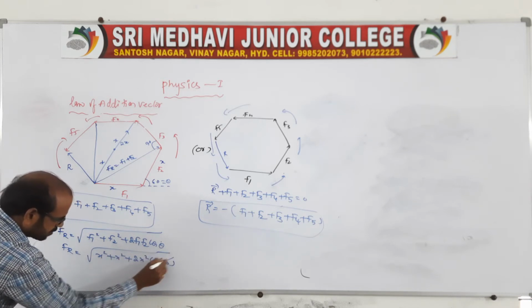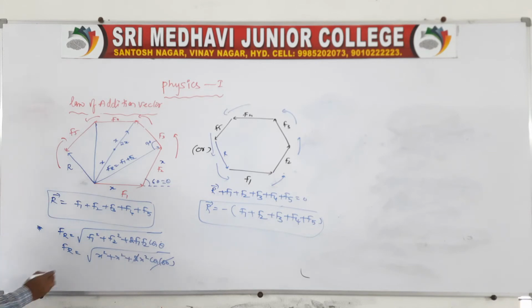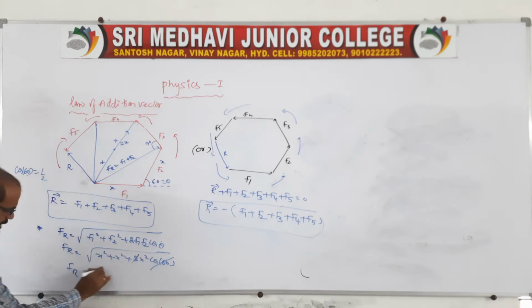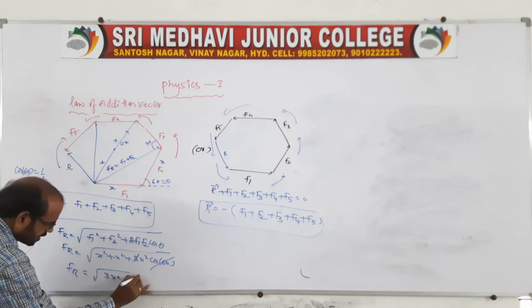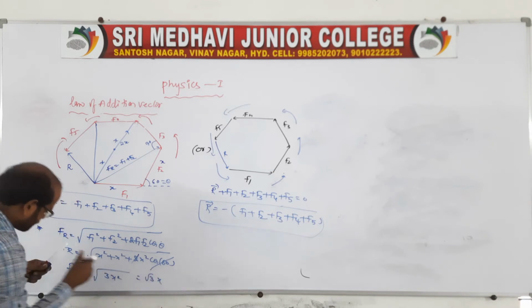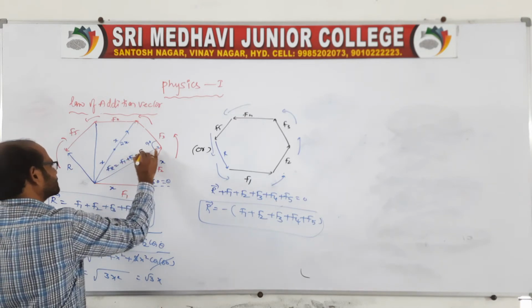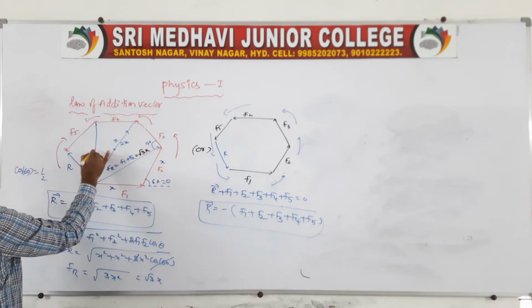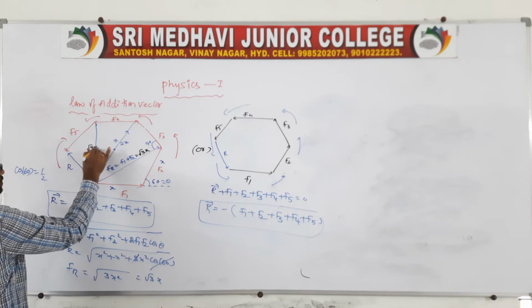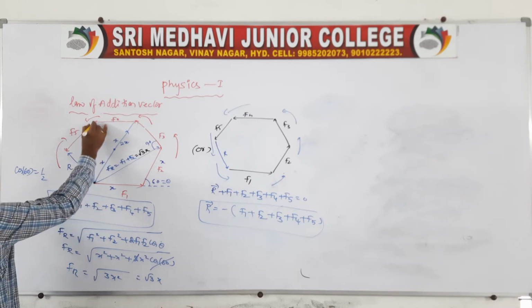Cos 60 is 1 by 2, so you cancel the 2 and the 1 by 2. It is equal to 3x square. Therefore, root 3x. So this value will be root 3x, and this is also the same, represented as root 3x, from this point to this point.